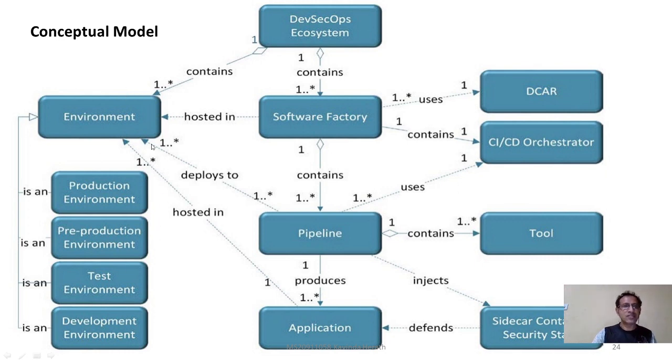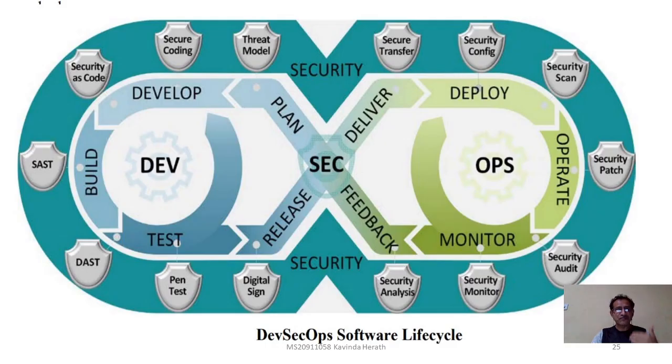All together, those environments are connected to each of the four areas, and there are particular separate segments: CI/CD, orchestrator, and Docker, user levels, the tools, and the sidecar container security stack. So those are the conceptual model implemented to show each and every connectivity, and we can talk about the individual segments more exactly.